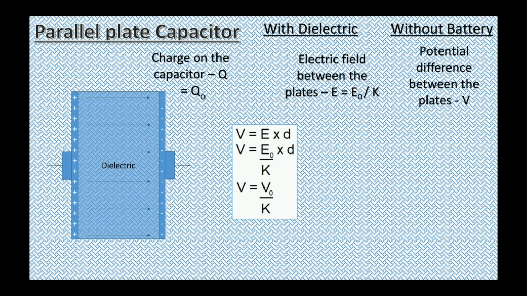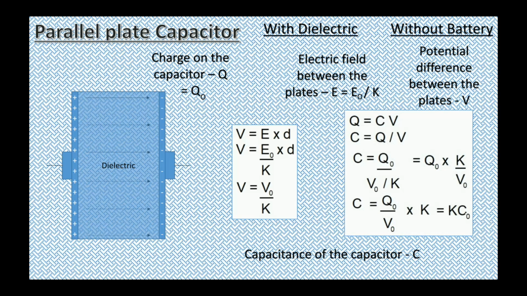As you know, potential difference is electric field into distance, and the value of electric field here is E0 by K, into D, and as we have seen in the previous slide, E0 into D is V0. So the potential difference between those two plates is the original potential difference divided by K. So we can say that potential difference has also decreased.